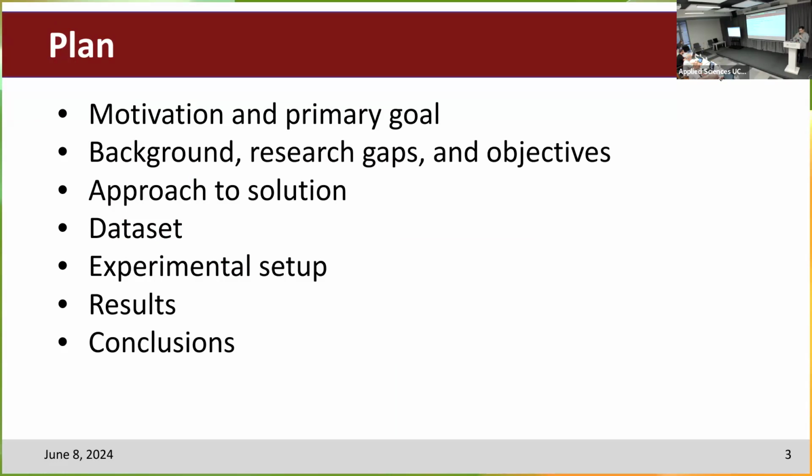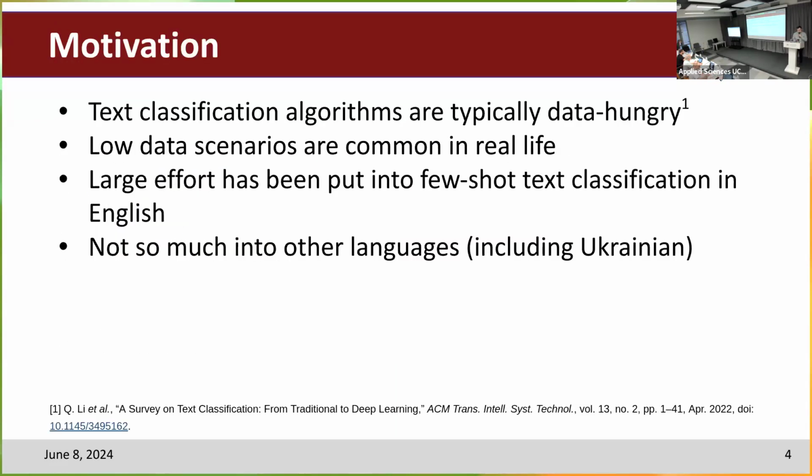with the conclusions. So for starters, machine learning in general and text classification in particular has one issue in that the algorithms are typically data hungry, requiring large volumes of data to generalize well on previously unseen data.